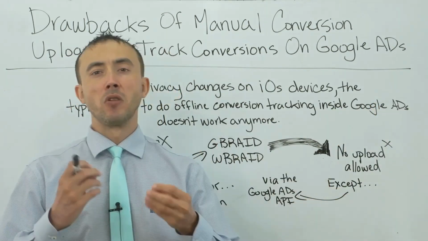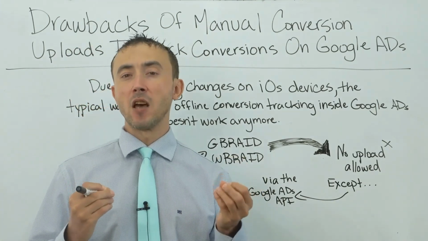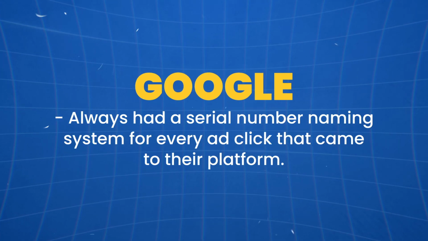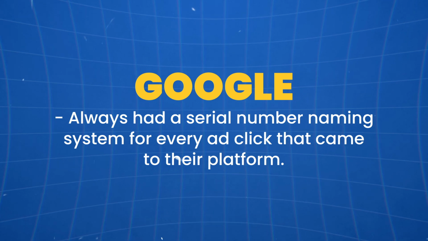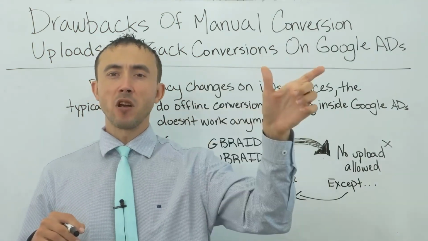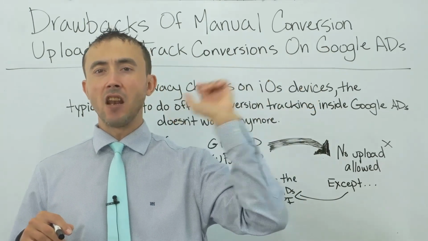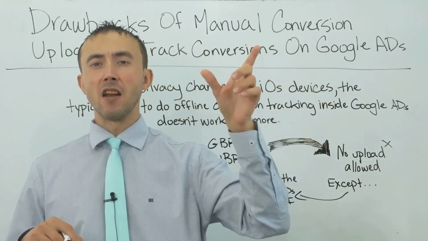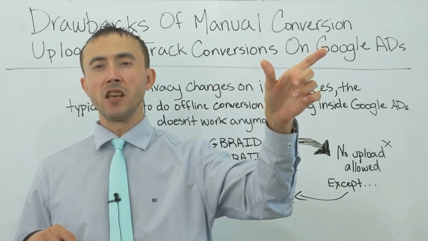But the way that you used to do it was fairly simple. Google always had a serial number naming system for every ad click that comes through their platform. Anybody who's clicked on an ad has a string of numbers and letters tied to that individual ad click, and it's on a server somewhere that Google has, and all the information about that person who clicked the ad is stored.